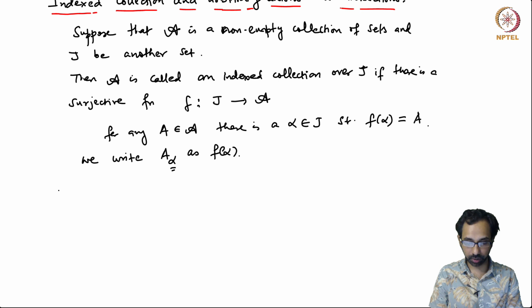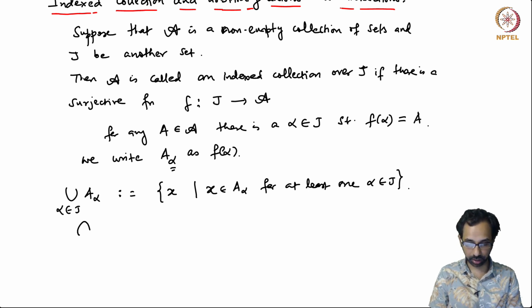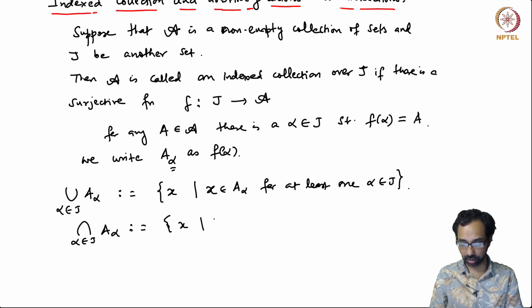And the arbitrary union over this collection J of these sets A alpha is by definition the set of all elements x such that x belongs to A alpha for at least one alpha in J, and the arbitrary intersection is defined to be the set of all x such that x belongs to A alpha for every alpha in J.